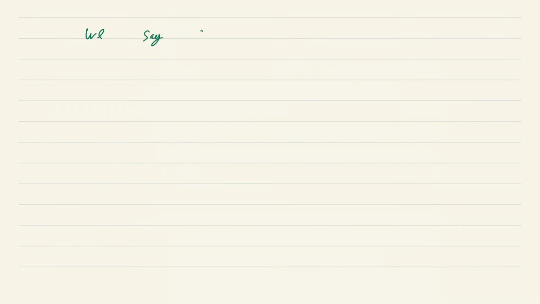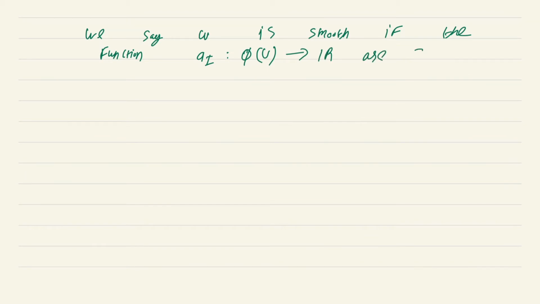Okay. We say omega is smooth if the functions a_I from phi of U to R are smooth. Or if you prefer, you can also say that a_I composed with phi from U to R is smooth.